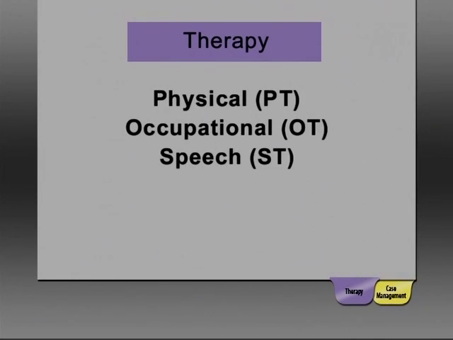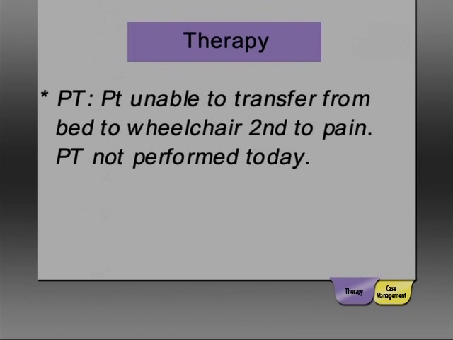The therapies, such as physical therapy, occupational therapy, and speech therapy, can get their own individual tabs or sometimes be combined in one area. In this example, PT, or physical therapy, reports the patient was unable to transfer from bed to the wheelchair secondary to pain, so PT was not performed.